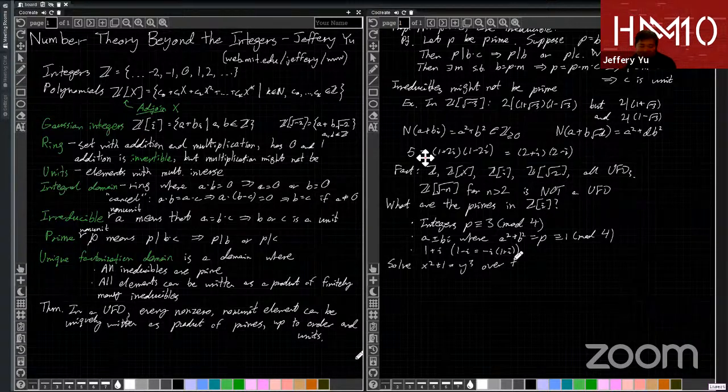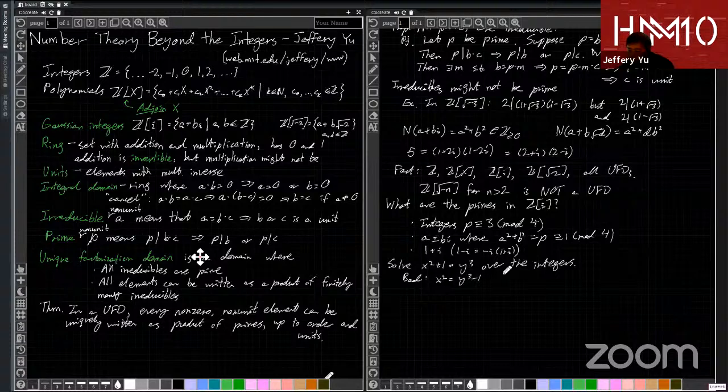If you weren't familiar with Gaussian integers or number theory with imaginary numbers, you might consider an approach where you try to factor x squared equals y cubed minus 1, so factor y minus 1, because if you can factor, then number theory lets you use prime factorizations, especially when you have a unique factorization domain. But this term is a little bit hard to work with. You can try this, and I'm pretty sure every approach I've seen trying to do this doesn't really get far.